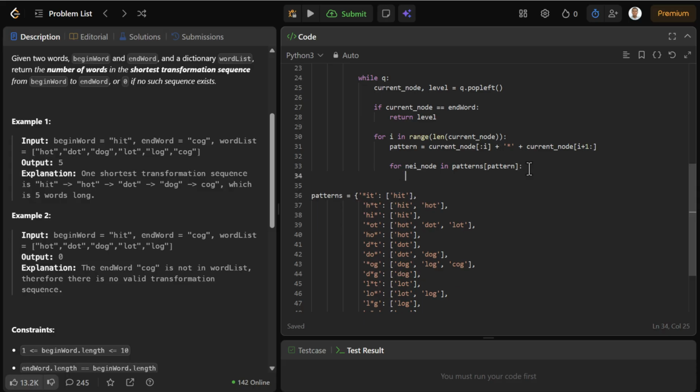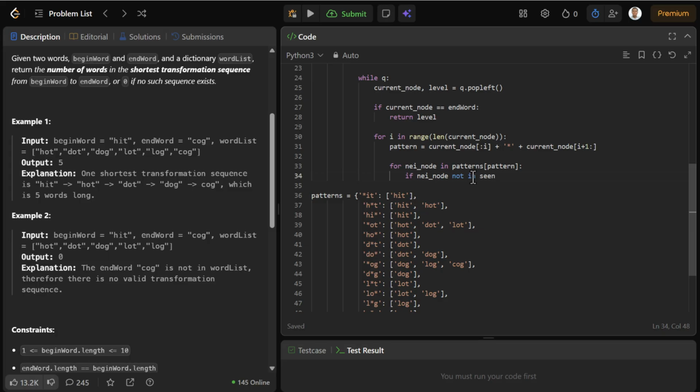So again, we can check if the neighbor node is not in the pattern list. Don't forget that these are the nodes, but we are using the pattern to arrange the neighbors of the nodes.